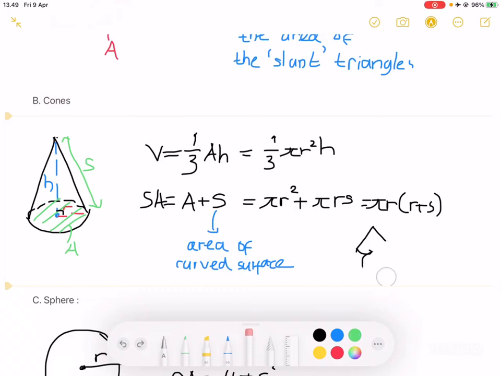Now this curved surface is actually formalized as pi r s, where s is the slant length of this cone, so it is distinguished here. And just like the pyramid, this slant length can be determined by the Pythagorean theorem.